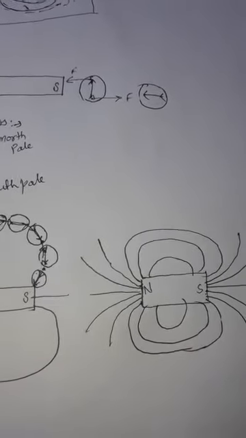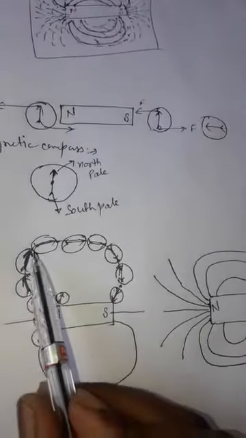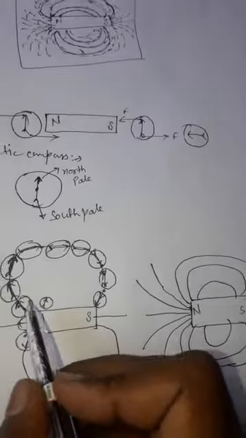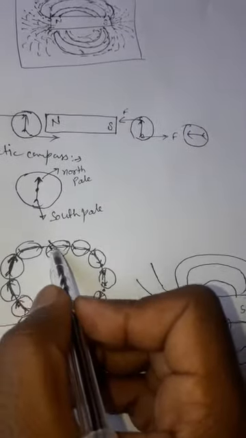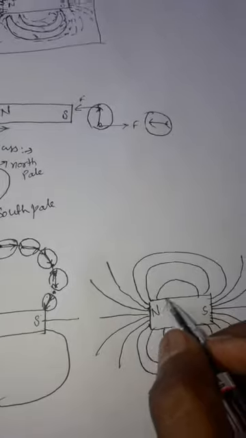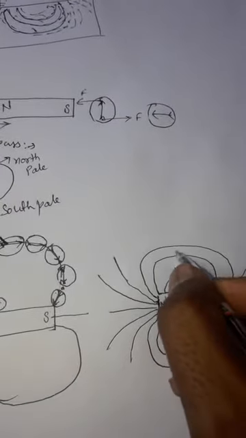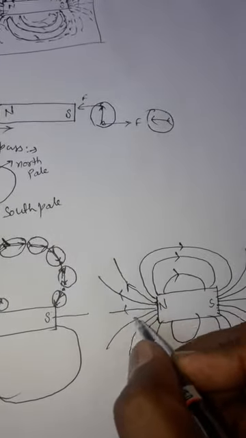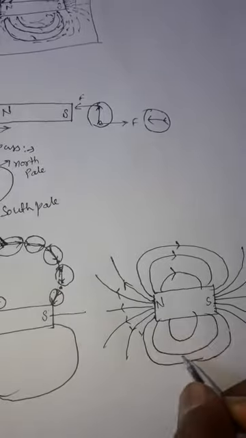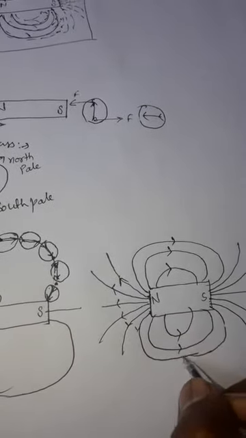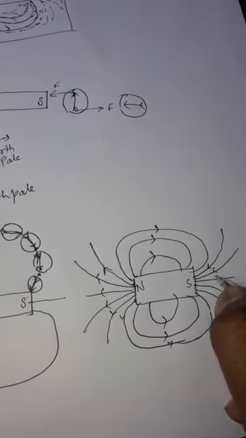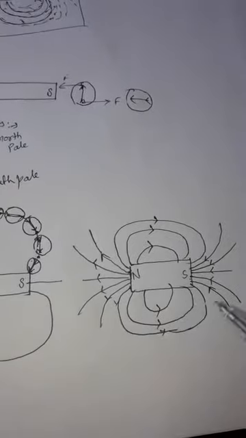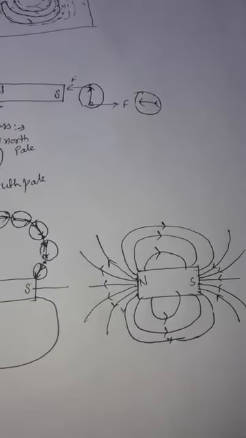Also, the direction of these field lines is shown by the north pole of the magnetic compass. So this direction is in this direction, and we can write this like this. So direction is represented by the arrows, like this. So these all are the magnetic field lines due to a bar magnet.